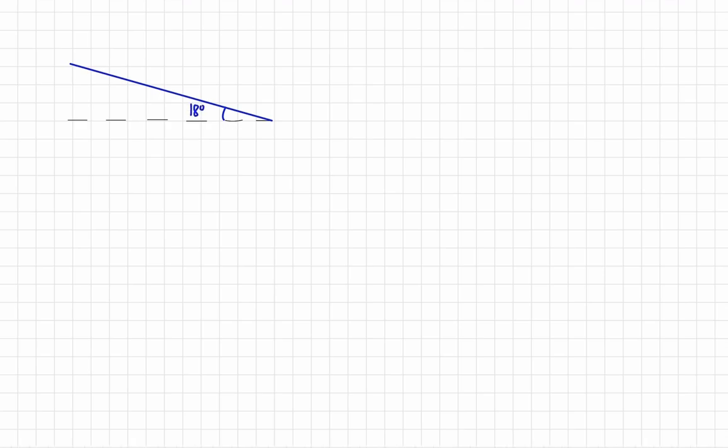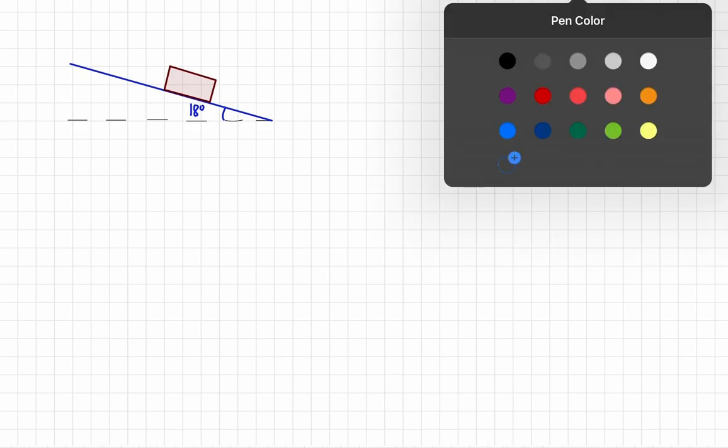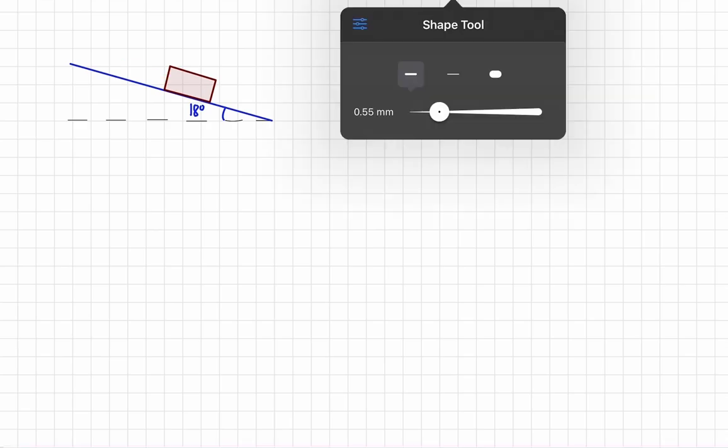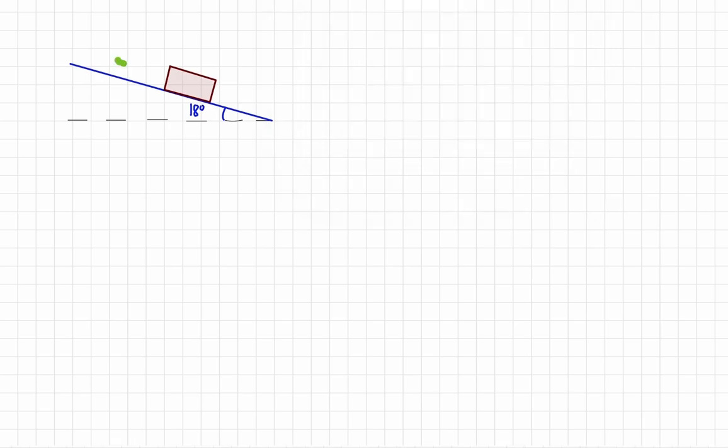So let's say that this is the car. That's the car right there, and it's being pulled, okay, using a rope. So let's say that this is the rope.